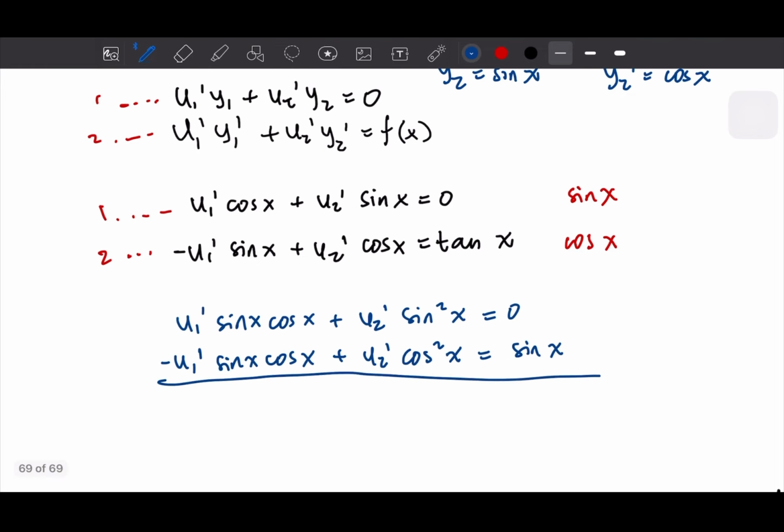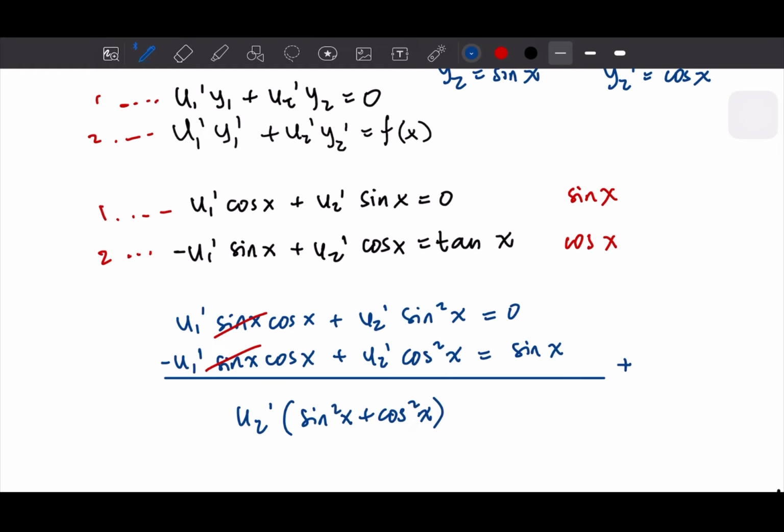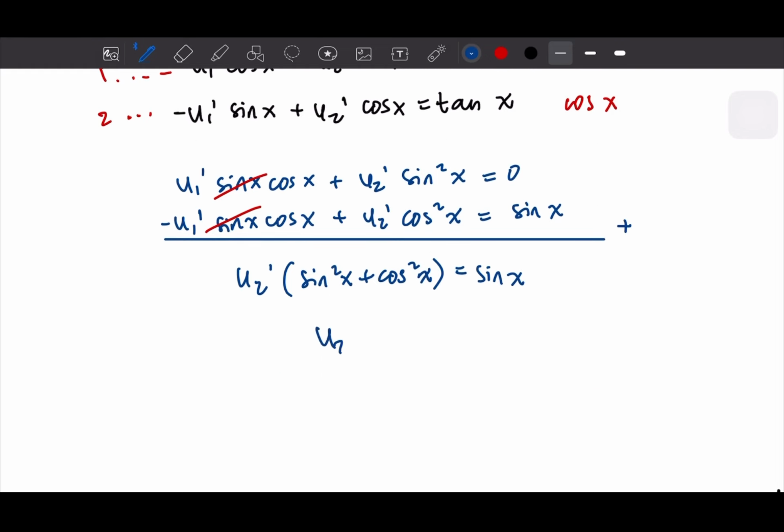And we can add these, so this will be cancelled. So we are going to have u2 prime times sine squared x plus cosine squared x equal to sine x. So u2 prime is sine x.